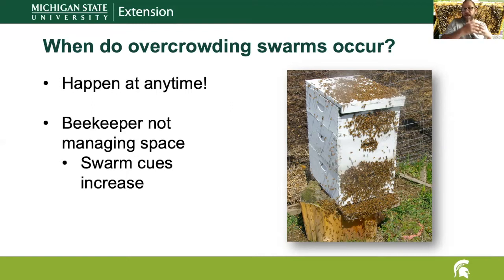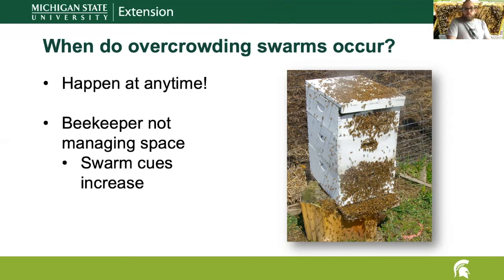And so staying ahead of that and making sure you have space is one of the main strategies that we use to prevent swarming, which is supering early in the season. So adding that extra space so that they can grow as the colony begins to grow, and you don't get into a situation where you're totally backed up in the colony.